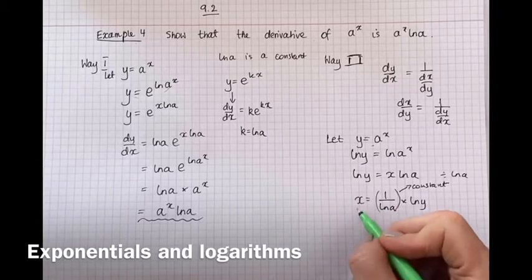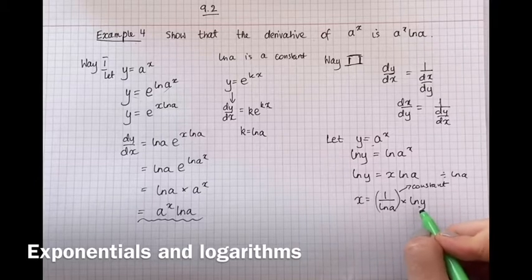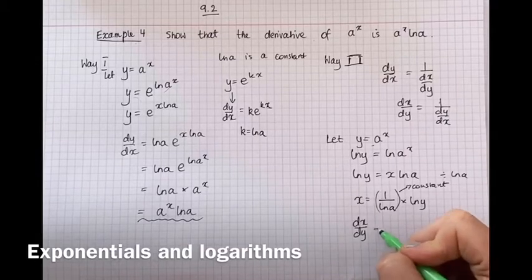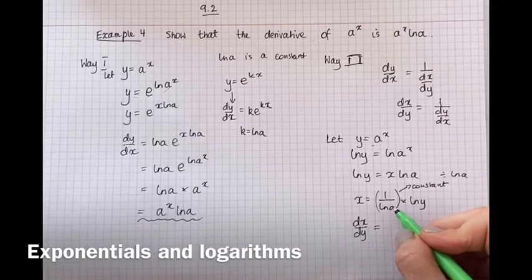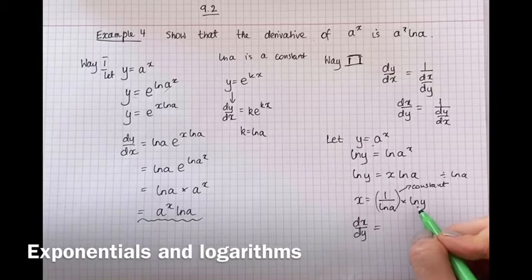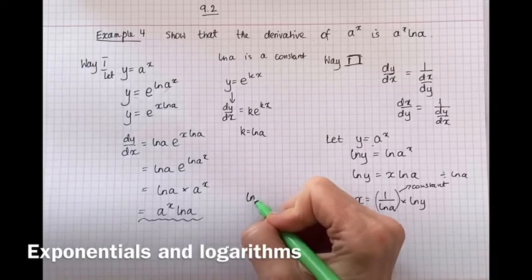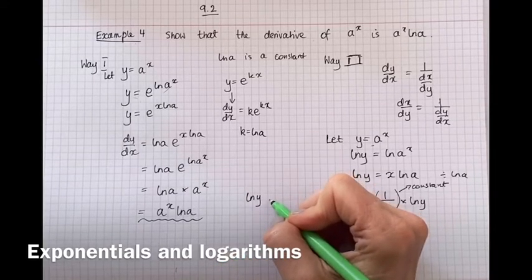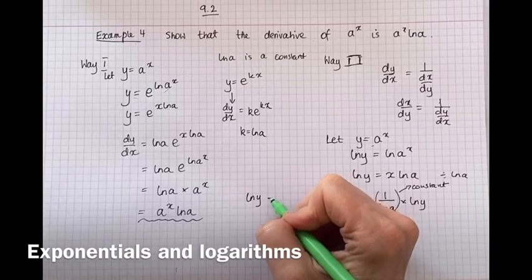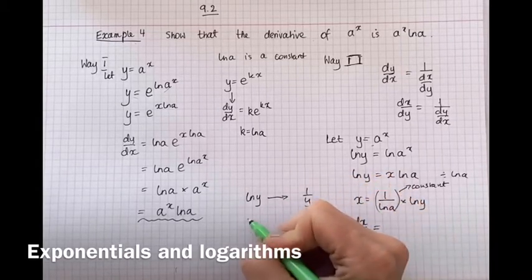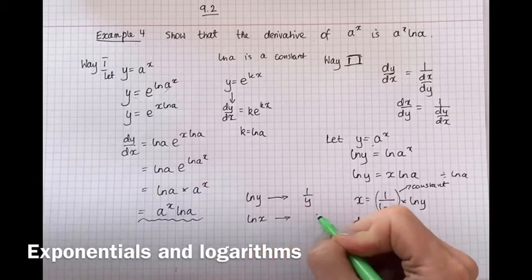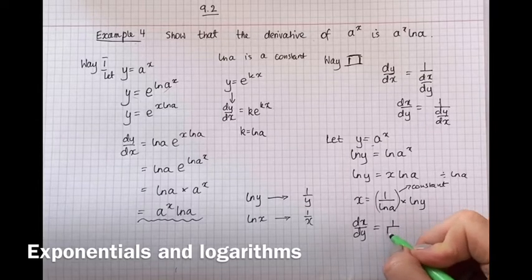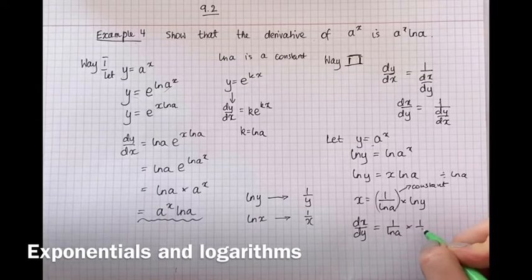Now we're going to differentiate x with respect to y. So we put dx dy, and that is equal to the constant times the differential of ln y, which we are going to start using in this section. So ln y differentiates to 1 over y, because if you have ln x, that goes to 1 over x. We keep the constant times 1 over y.